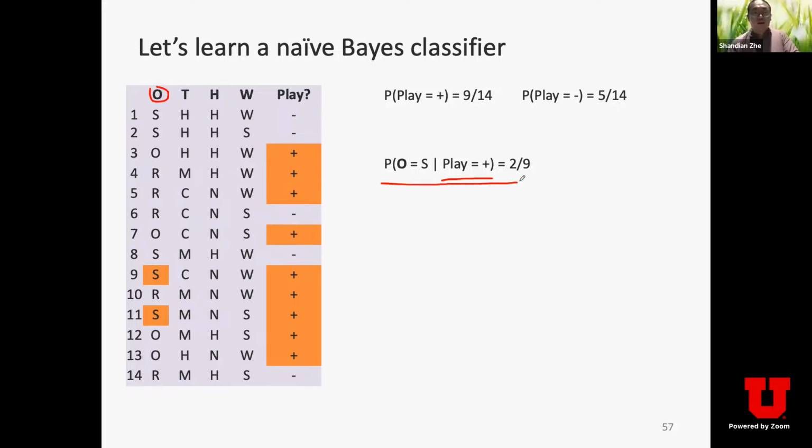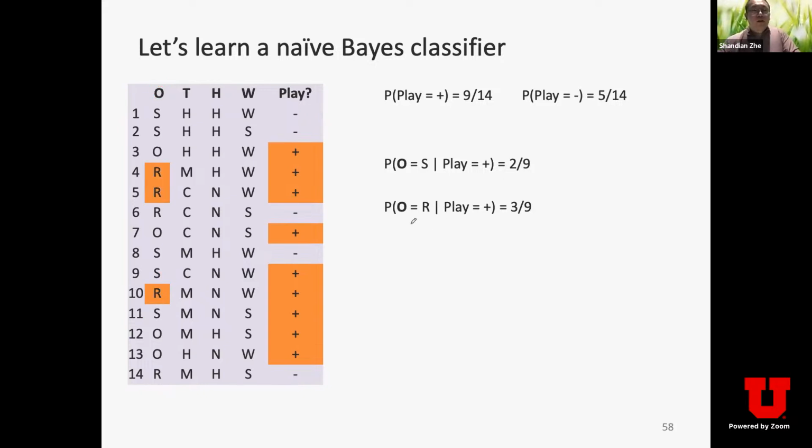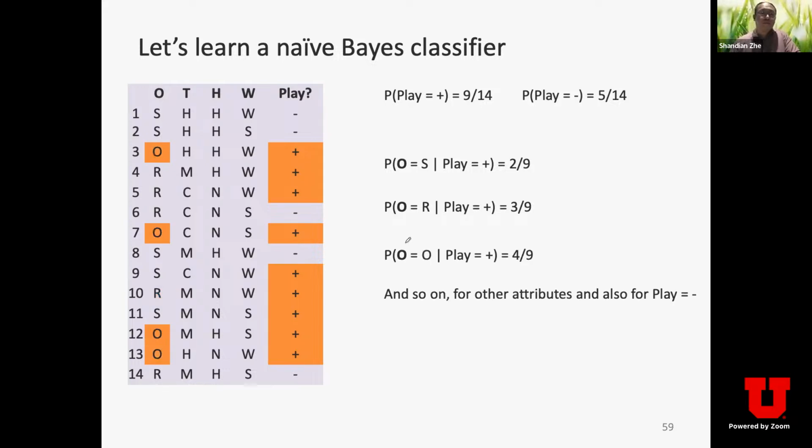Okay. Similarly, we can determine the conditional probability that, given a positive example, the overcast is raining is 3 over 9, because we have 3 positive examples whose overcast is raining. And then the remaining probability will be just 4 over 9. We just do it for every feature, and we can obtain all the conditional probabilities.